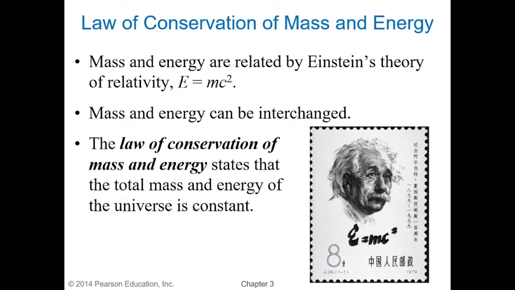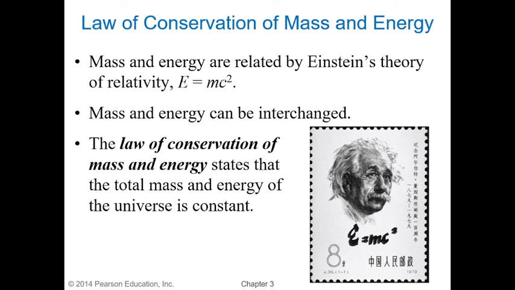And our law of conservation of energy, the scientist here who is very well known is no other than Albert Einstein. And Albert Einstein was able to integrate the law of conservation of mass and the law of conservation of energy into one single statement. So this is what we call the law of conservation of mass and energy.